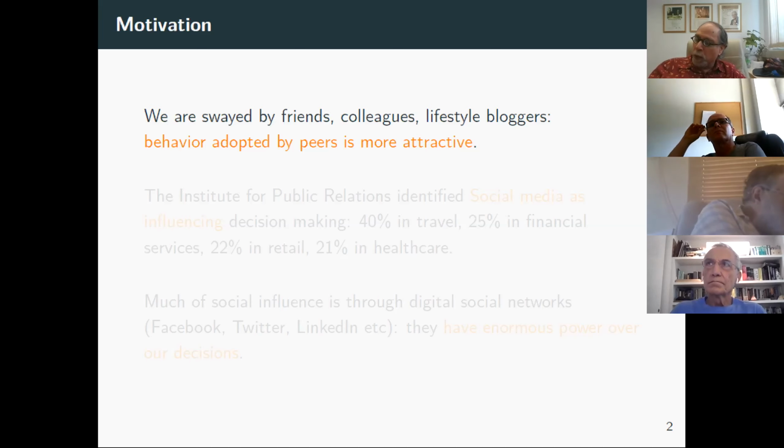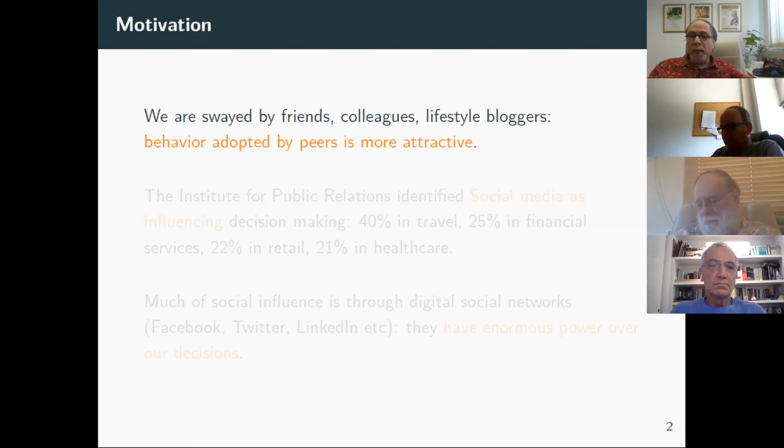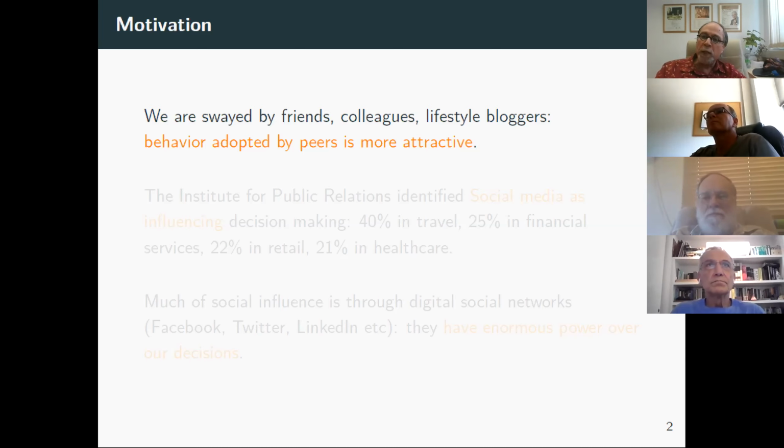And the story that I'm going to tell is that there is, in many cases like this, especially I'm going to refer more to online social networks, some planner that wants to exploit these peer effects, okay? This planner wants to induce all these agents to take a certain action. For instance, self-isolation.